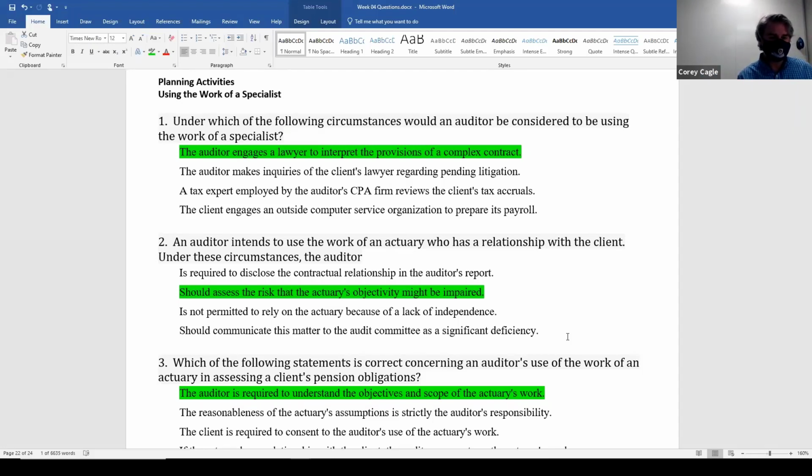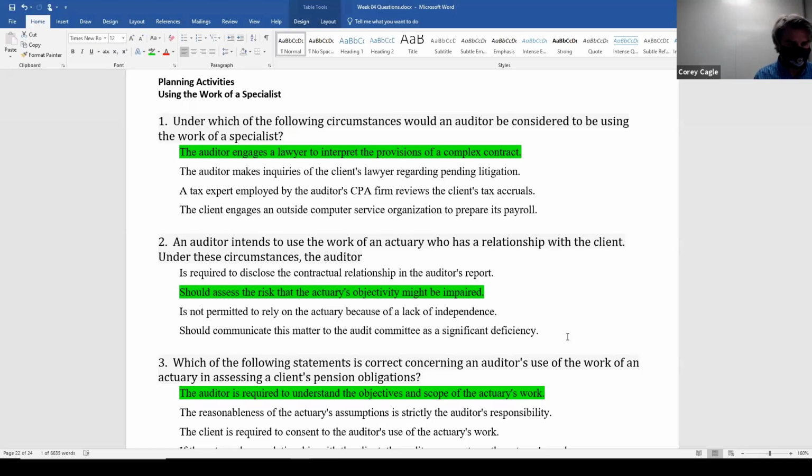Well, the answer ends up being you should assess the risk that this objectivity might be impaired. So what we can take from that is a specialist's lack of independence isn't an automatic problem. We would just have to do something to assess whether there is a problem. So a little bit of new information there.